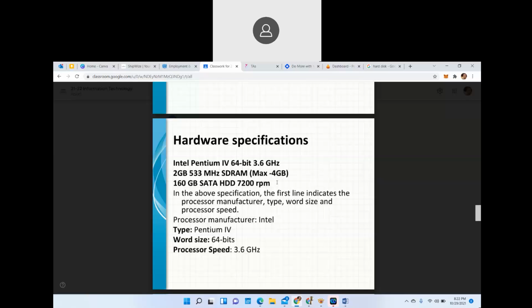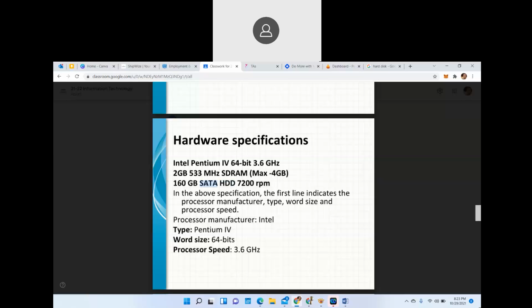So it's talking about the hard drive, right? So how would you know? Once you say HDD, hard disk drive, that's what you would really look for. So 160 would be the capacity of the hard drive.